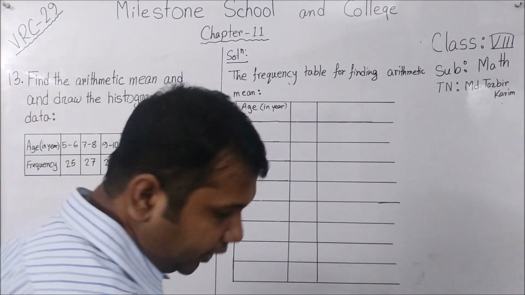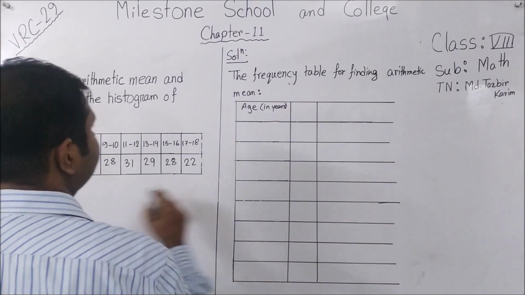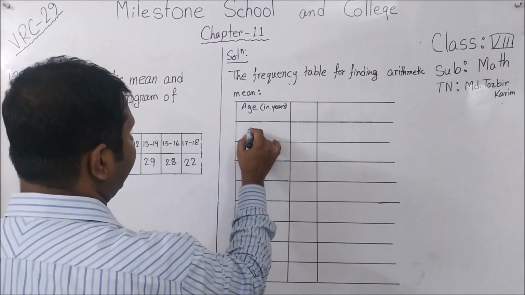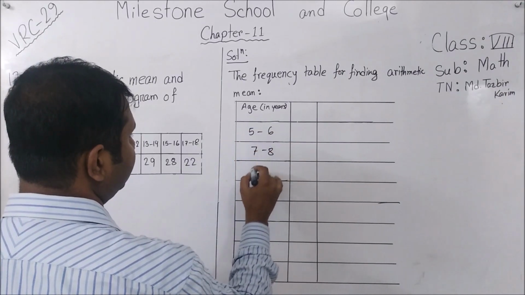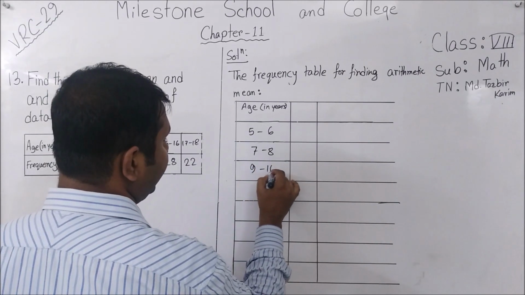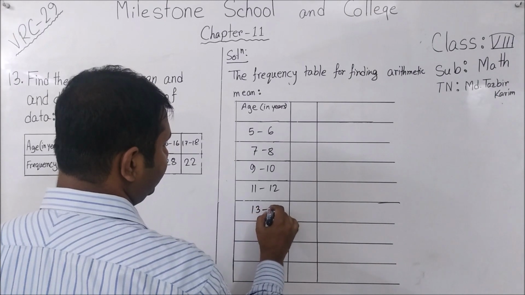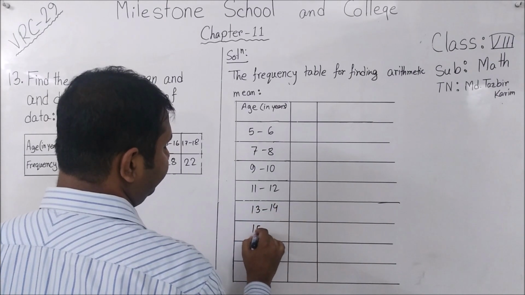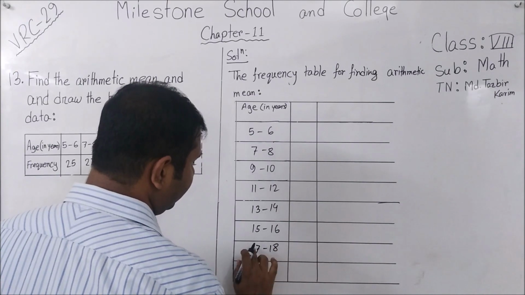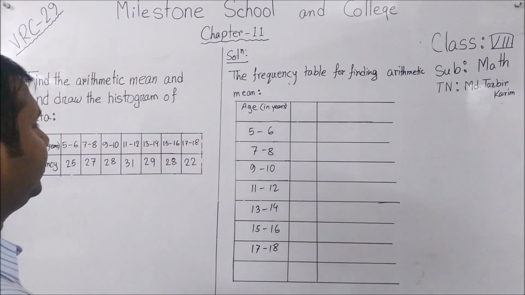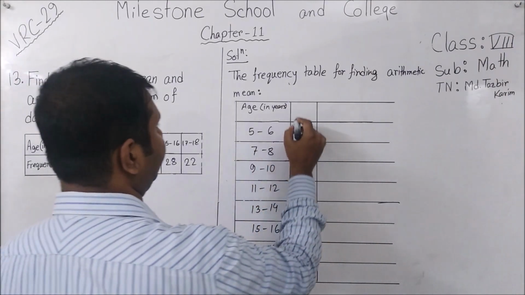Then we are going to write the years, that is 5 to 6, 7 to 8, 9 to 10, 11 to 12, 13 to 14, 15 to 16, 17 to 18. Okay, so here are the classes given.